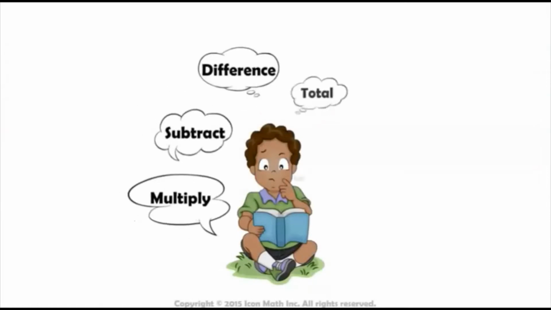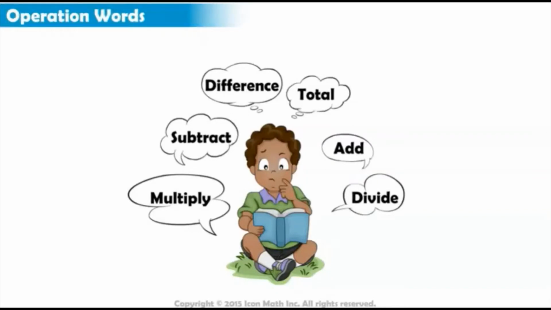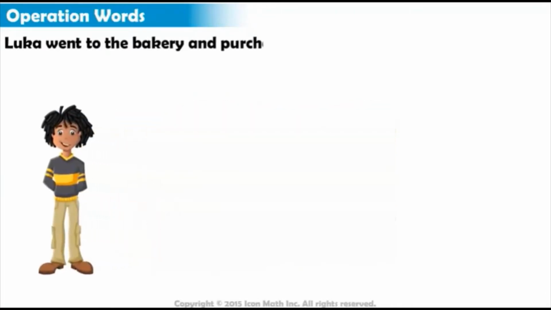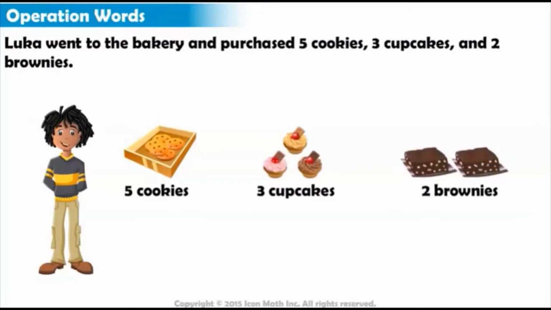When reading a word problem, there are often clue words that help us identify the operation that needs to be performed. Let's improve our understanding of word problems by spotting clue words. Luca went to the bakery and purchased 5 cookies, 3 cupcakes, and 2 brownies.